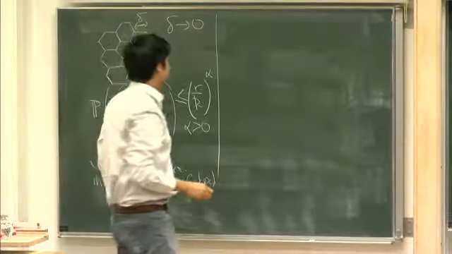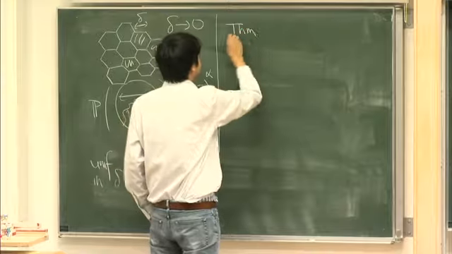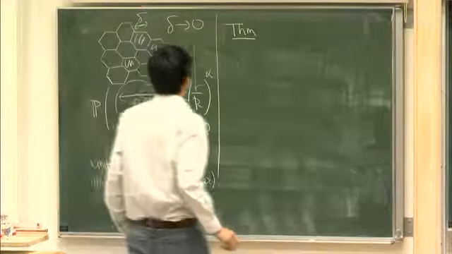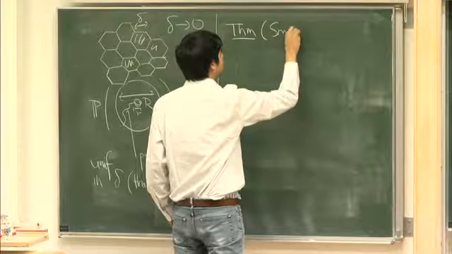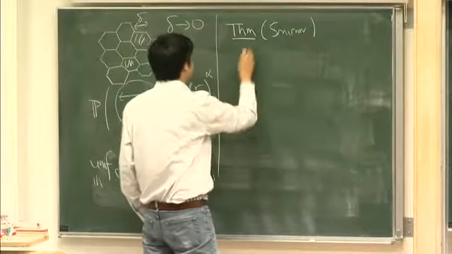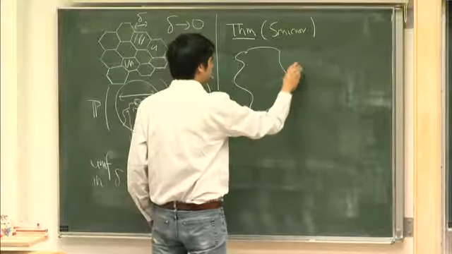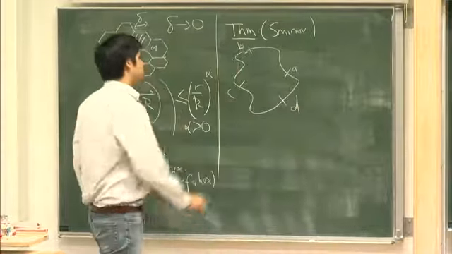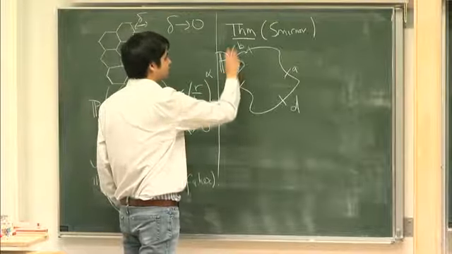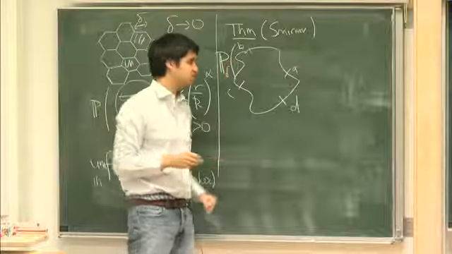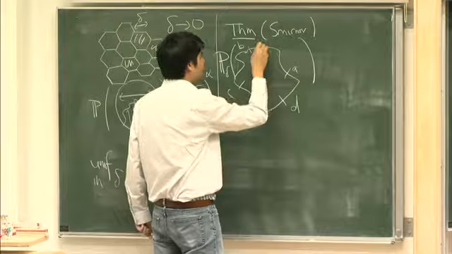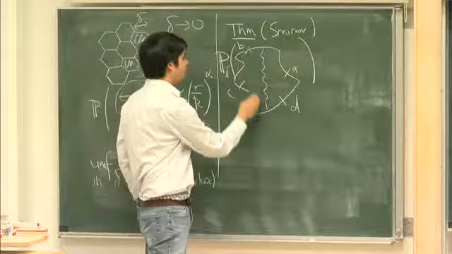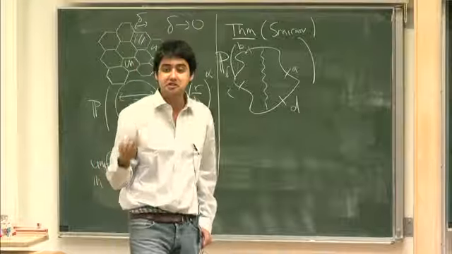So now let's state again the theorem. We stated it in 2 forms. It was an exercise to prove they're equivalent. We're going to do this exercise now. So the first form was that if you take a simply connected domain of the plane with 4 boundary points, and you ask what is the probability as a function of delta, which is the size of the hexagons by which you discretize this domain, that there is a black path linking the arc AB to the arc CD, usually such a path is called a crossing.